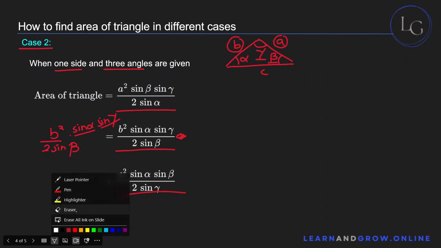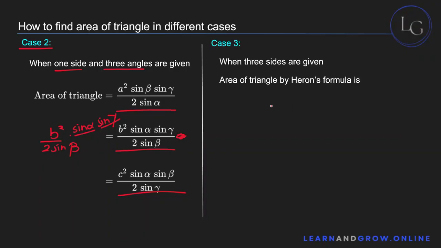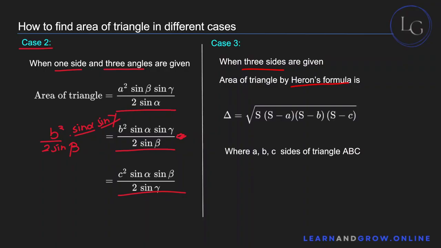Now, let me just drop this off so we can discuss the third case. The third case states that when three sides are given to you, then you can use Heron's formula. Heron's formula is very simple.